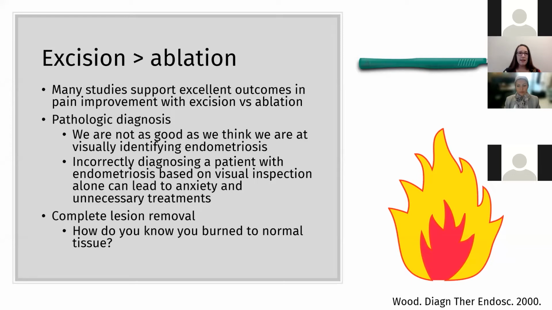And the benefits that excision gives us is that, number one, it allows us to actually make a diagnosis. Interestingly, in surgeons who maybe don't perform endometriosis surgery very frequently, what they think may be endometriosis at the time of surgery, they are actually only right about 41% of the time.